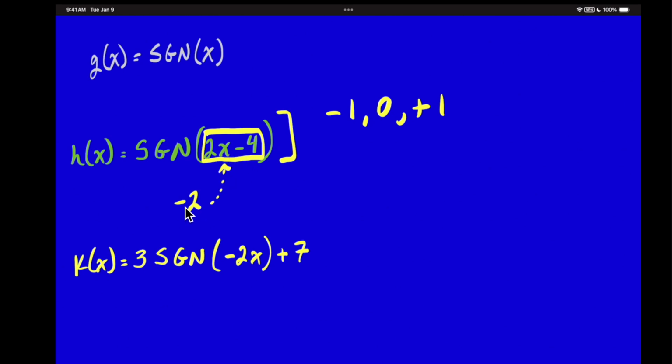So here in this case, if we plug in x equals negative 2 into this function, we're going to get negative 4 minus 4 is negative 8. And in this case, your output is going to be negative 1.